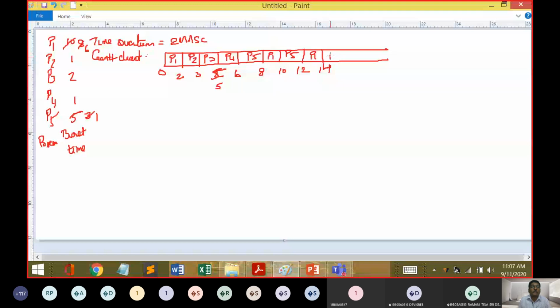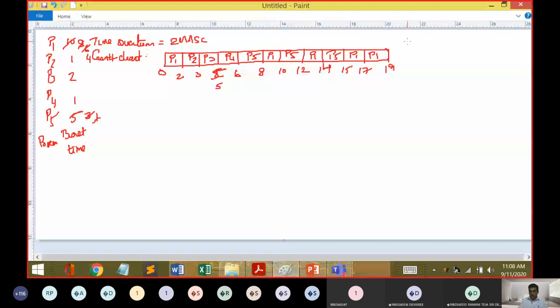Still we have 4 intervals, so we write P1 up to 17 and finally close P1 up to 19.